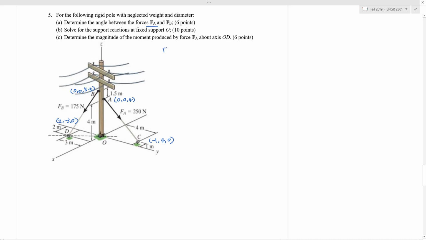Therefore, the position vector from A to C equals endpoint minus initial point, that's -1i, plus 4j, and then minus 4k in the unit of meter. Therefore, your unit vector UAC equals RAC vector divided by its magnitude.